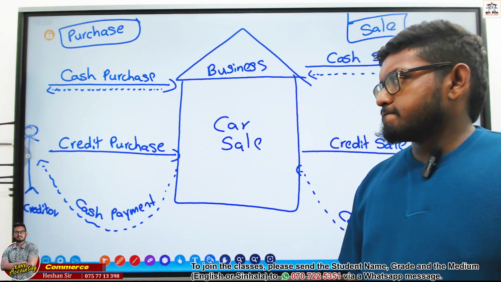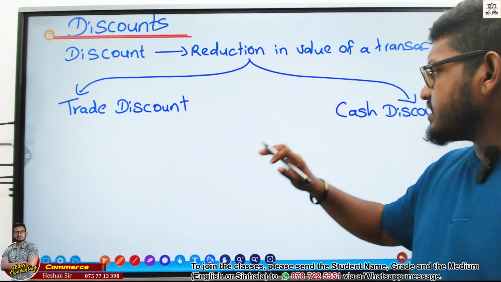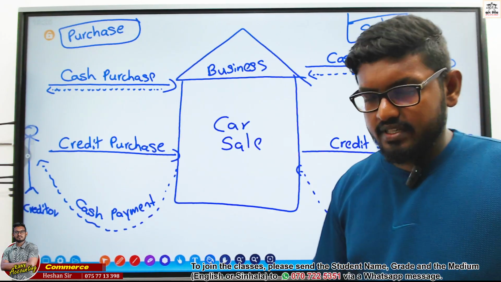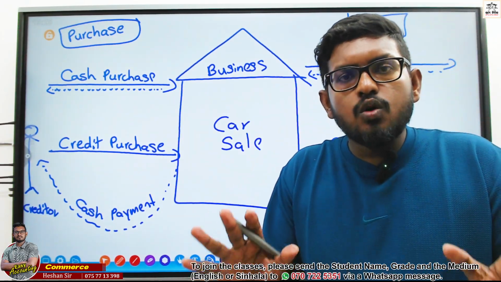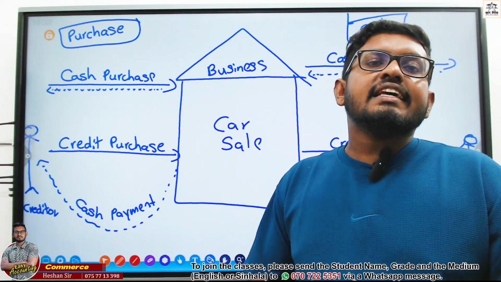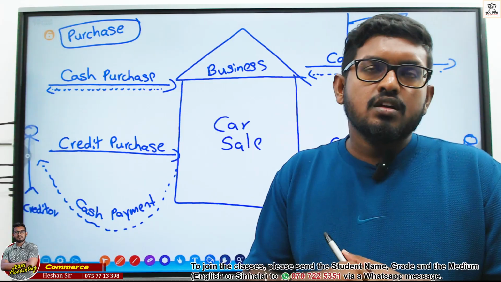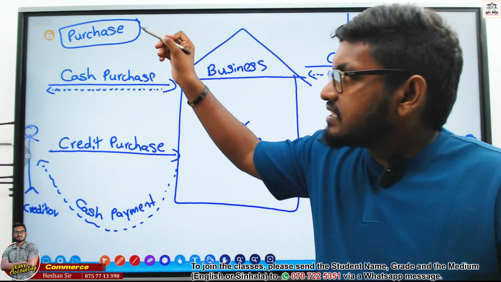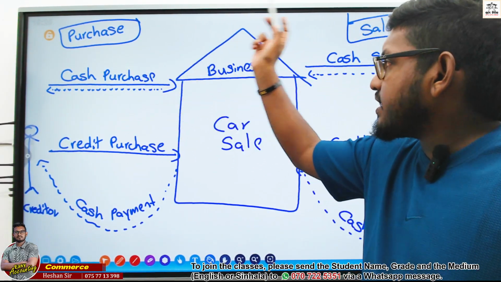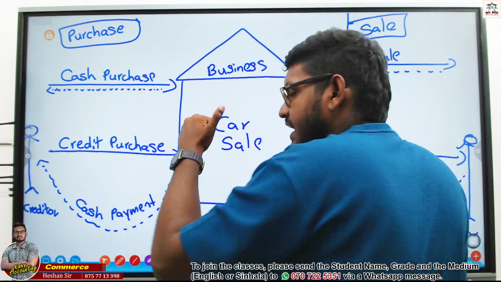Okay. Now, what is a trade discount? What is the cash discount? Trade discount means a discount that happens when we purchase the goods or sell goods. Either on cash basis or credit basis, if there is any discount happening here, that is a trade discount.